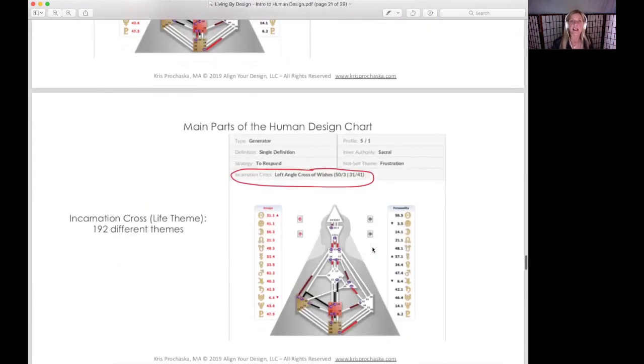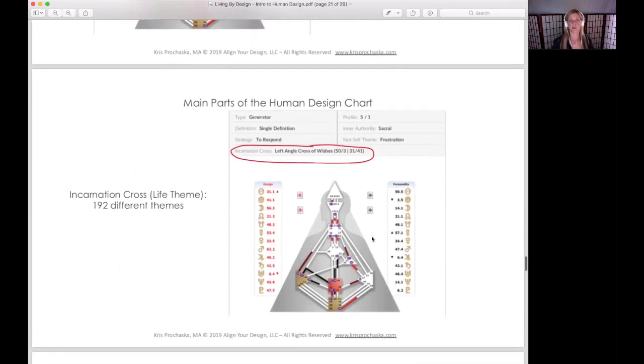Okay. Then finally, on the human design chart, we have our incarnation cross, or this is our life theme. There are 192 different themes possible. Mine here is the left angle cross of wishes. If you think about it, it's part of your purpose. It is a theme or themes that have been running throughout your life, both personally and professionally.